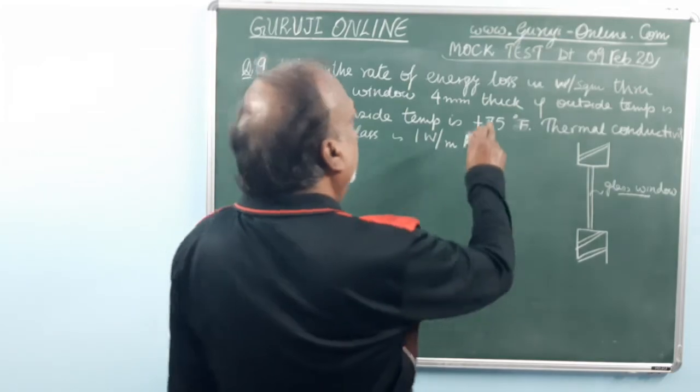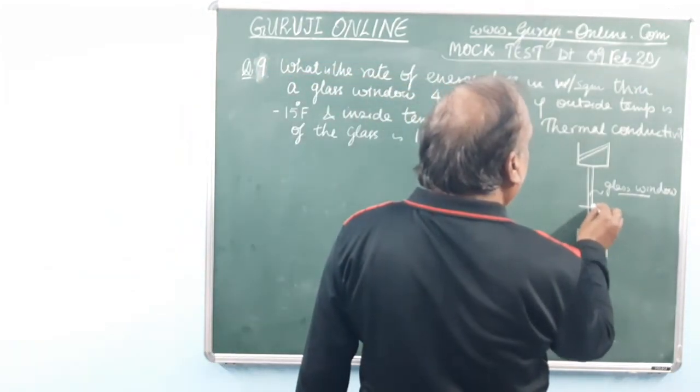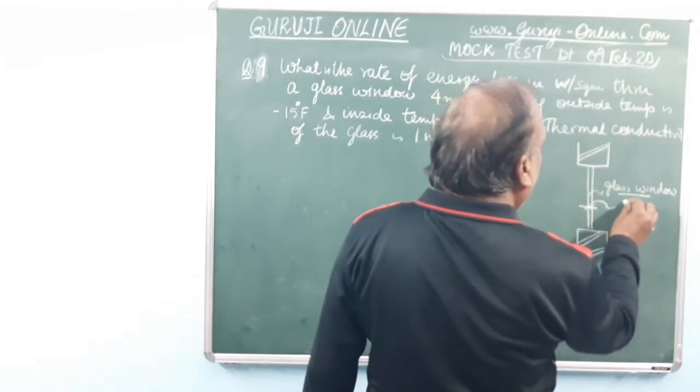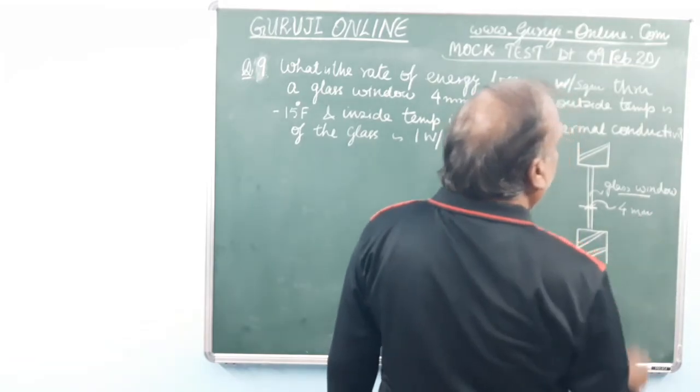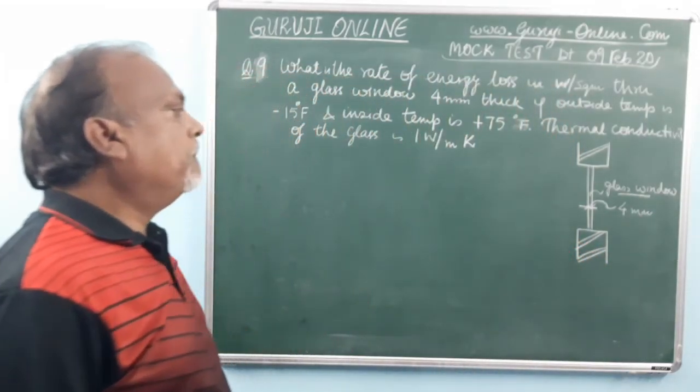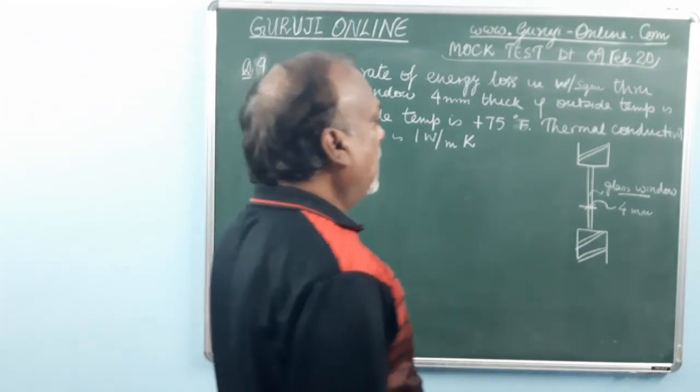The thickness of this is given as 4 mm. Thickness of the glass is 4 mm. So we have to find out what is the energy loss.